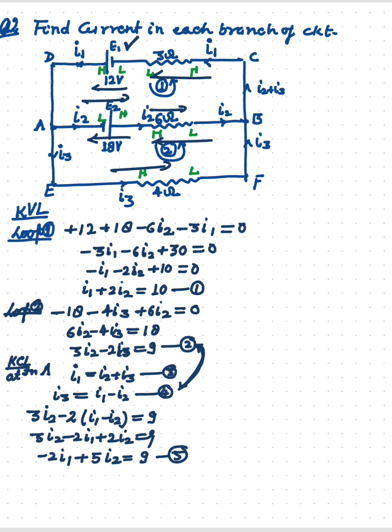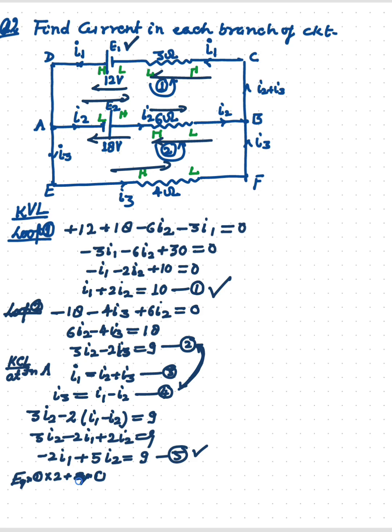Now we can solve. Look here, equation 1 is in terms of I1 and I2, and equation 5 is in terms of I1 and I2. Focus here, equation 1 and equation 5. What to do? Multiply equation 1 by 2 and add it to equation 5.